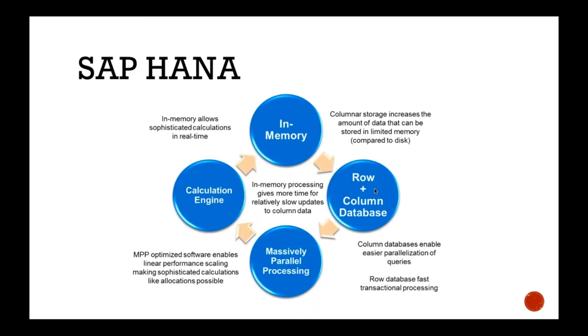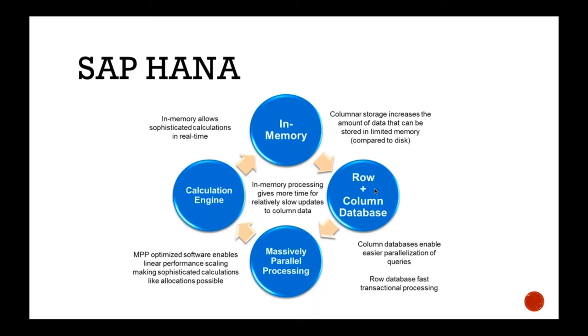The next 2 points we have not discussed. Massively parallel processing. What do you mean by massively parallel processing? If you just take an example of what I told you, why SAP has decided to come up with a completely new database on their own: because they realized that the traditional database vendors like Oracle, SQL, are still using an architecture which is around 30 years old.